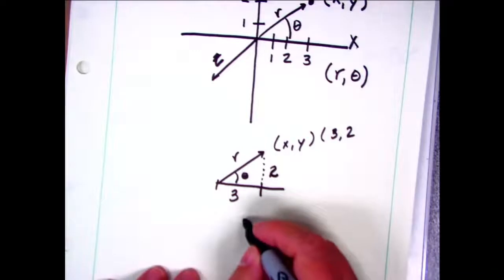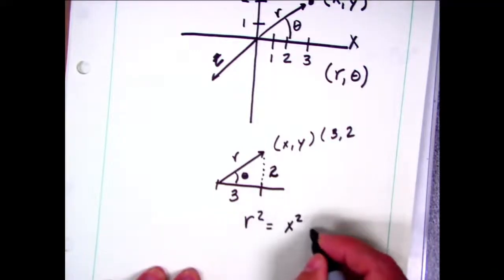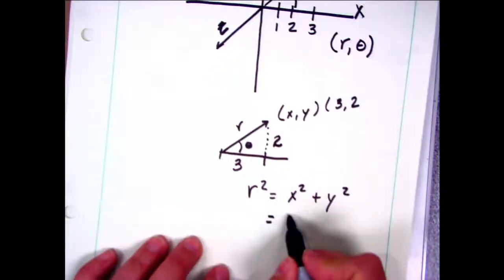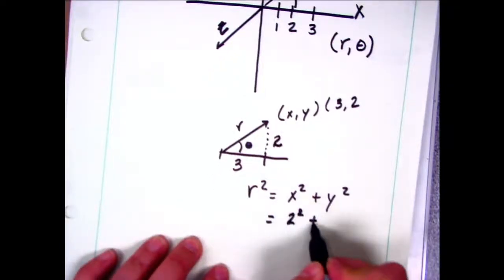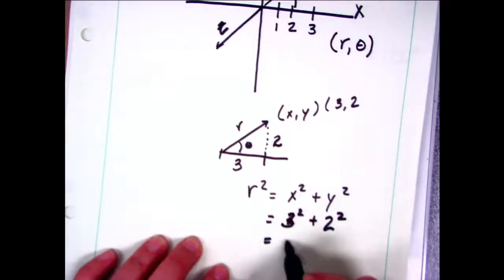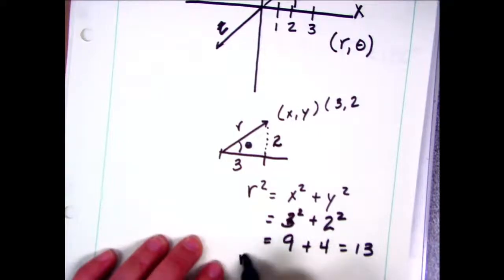I can find out what r is because r squared is equal to x squared plus y squared. And now I can do that: this is 3 squared plus 2 squared gives me 9 plus 4 gives me 13. So r is going to be the square root of 13.